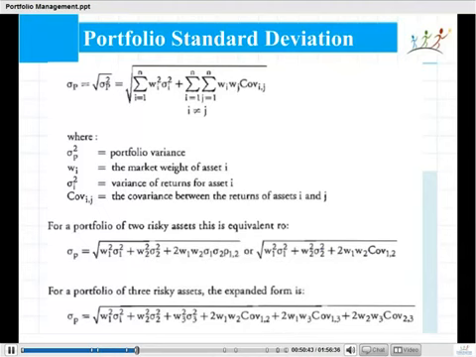Tell me, for what value of correlation will this become W1 sigma 1 plus W2 sigma 2? For what value of correlation will this become the weighted average of the individual risks?